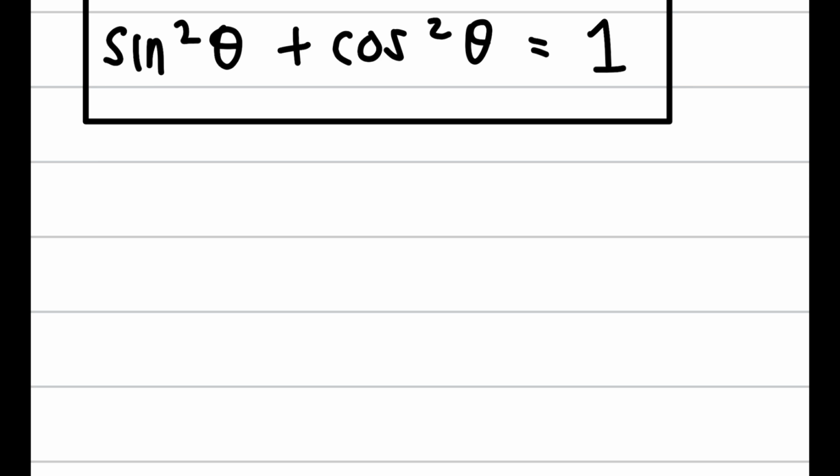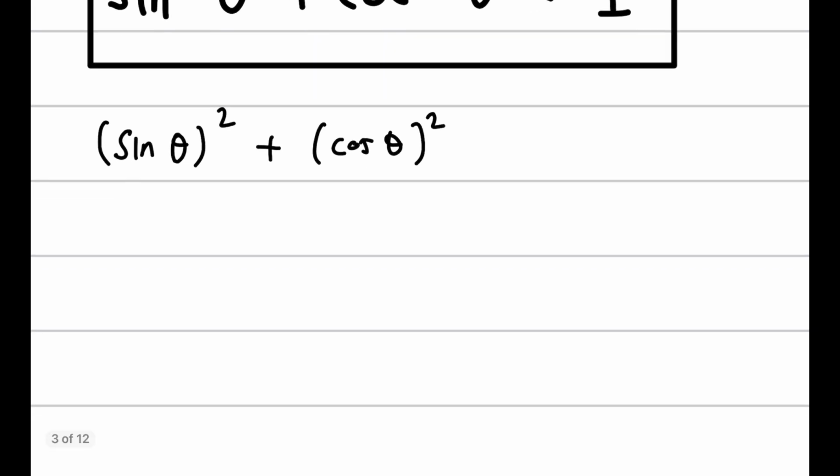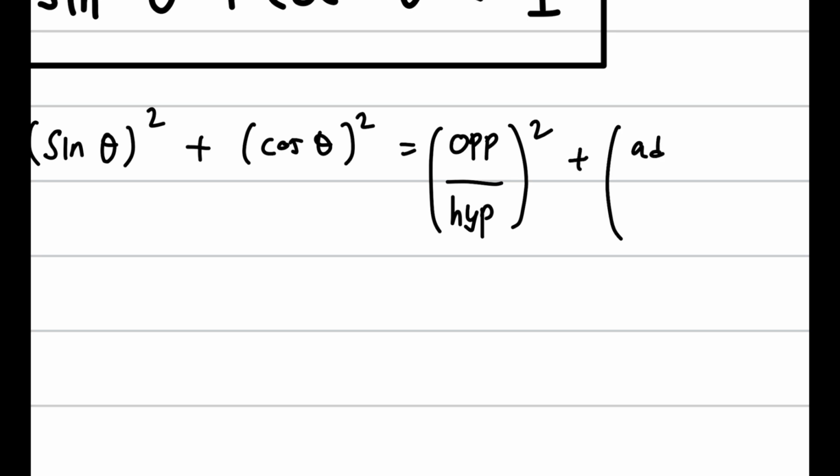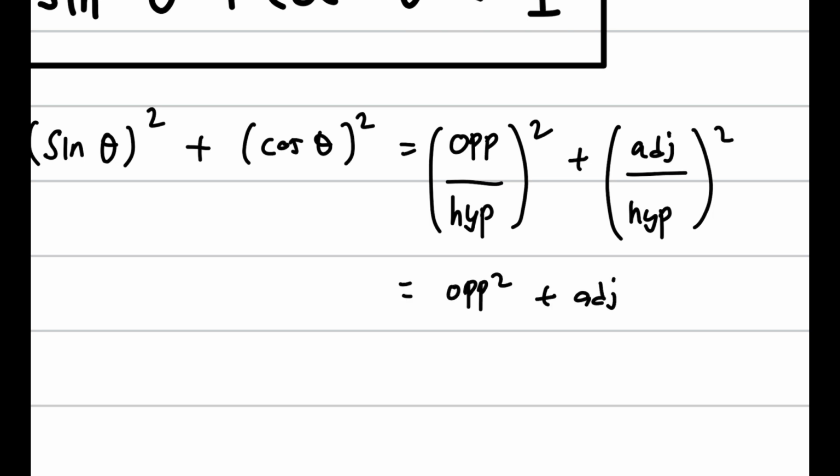The second one, we can also prove this formula. Sine squared theta just means you have sine theta being squared. The same thing, plus we have cos theta being squared. So why is it equal to 1? Let's see. Sine theta is opposite divided by hypotenuse, squared, plus cosine is adjacent over hypotenuse, squared, and then we have opposite squared plus adjacent squared over hypotenuse squared.